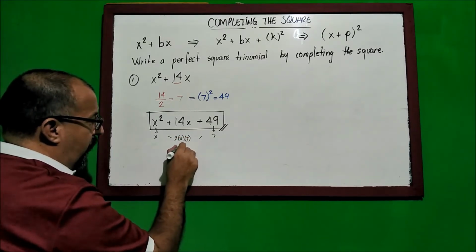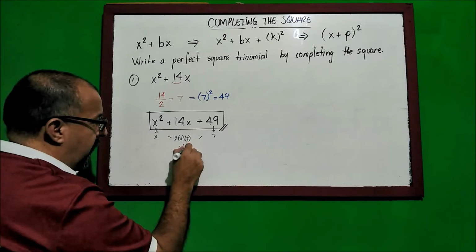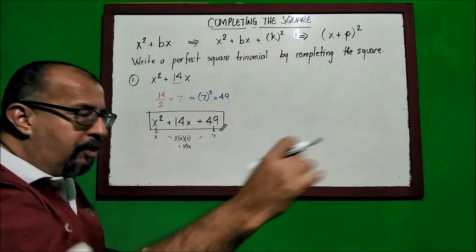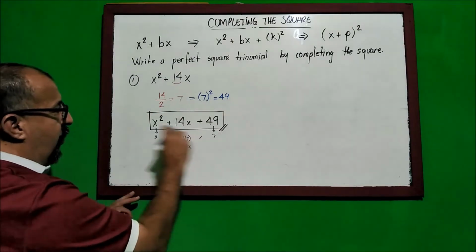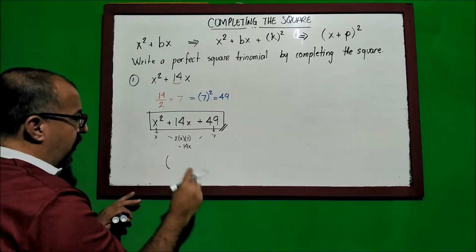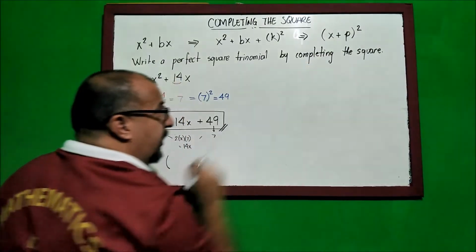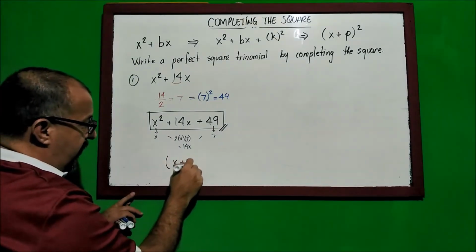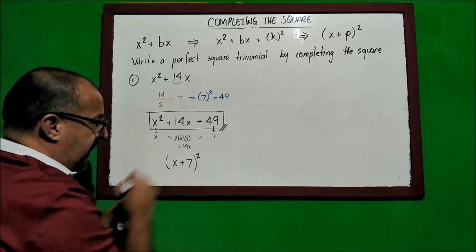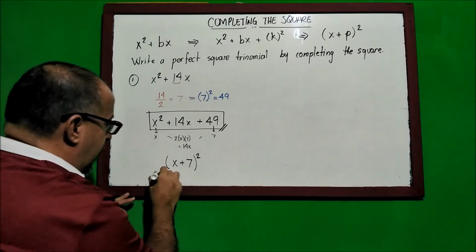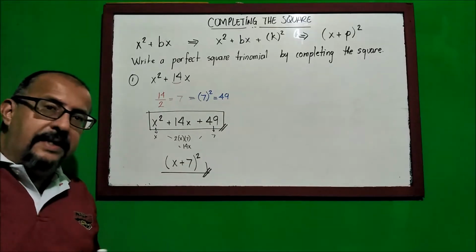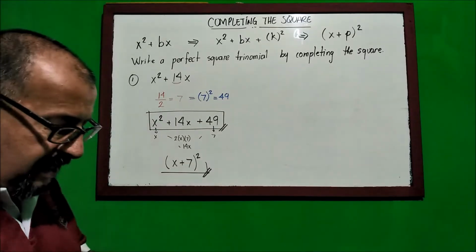As you can see here, we have 14x. So this is how we identify a perfect square trinomial. Therefore, if I want this to be factored, the answer will be x plus 7 to the second power. And this will be the factoring of this expression that is a perfect square trinomial.